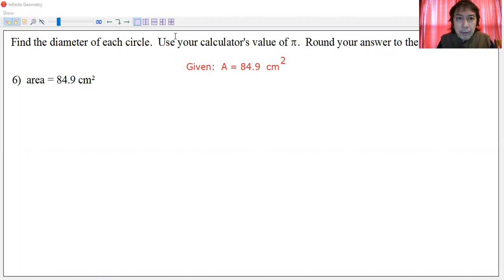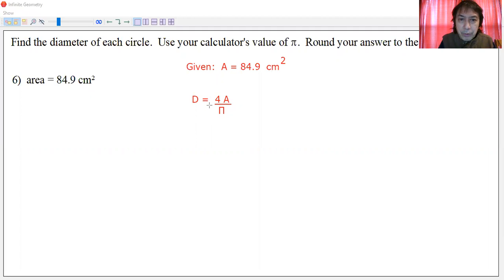And then we're asked to find the diameter. Again, our formula for diameter is square root of 4 times A over pi.